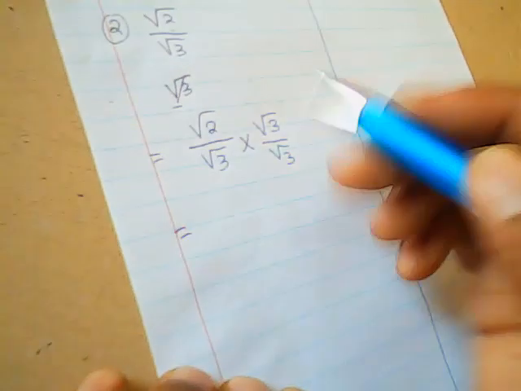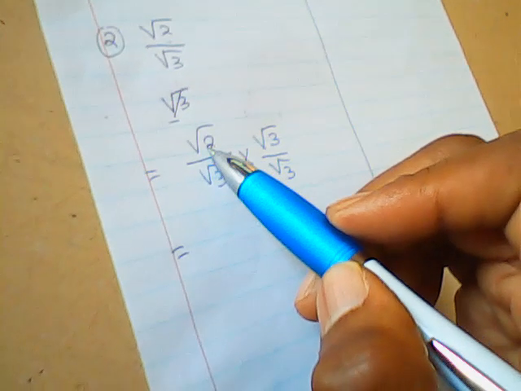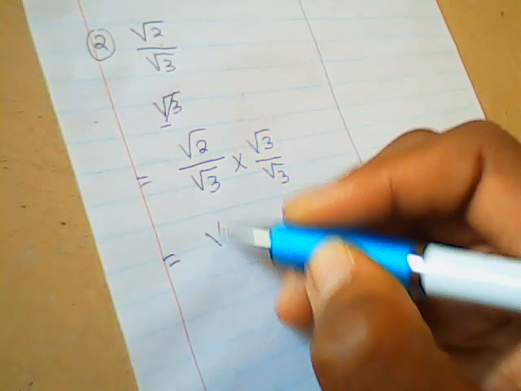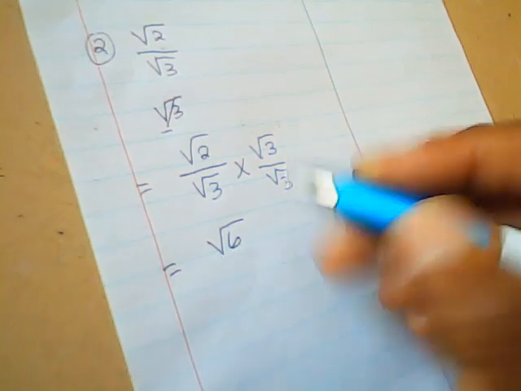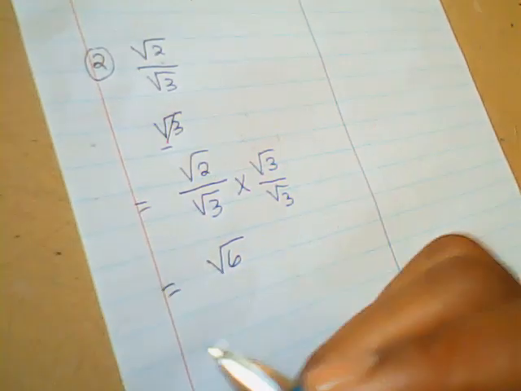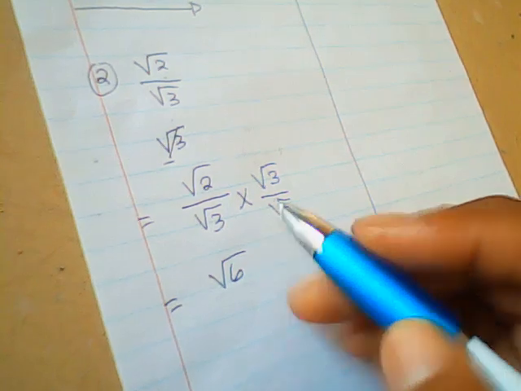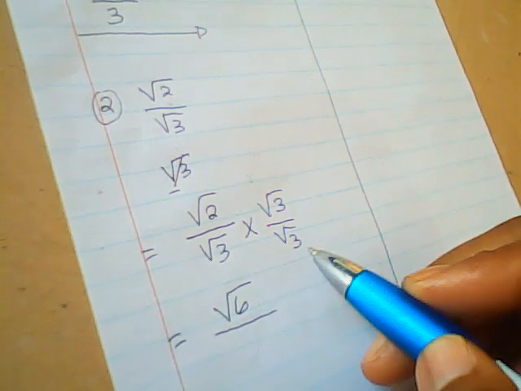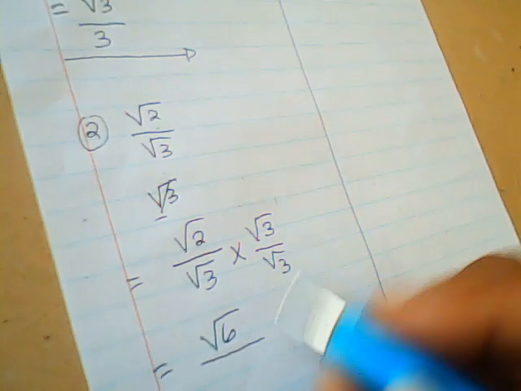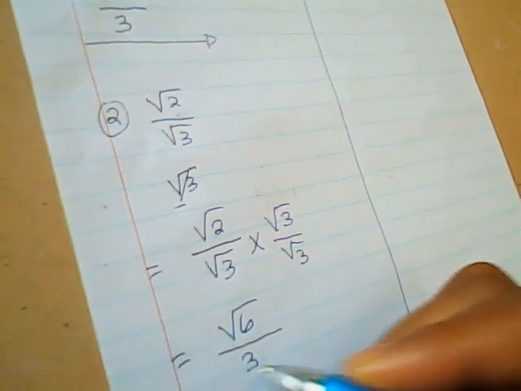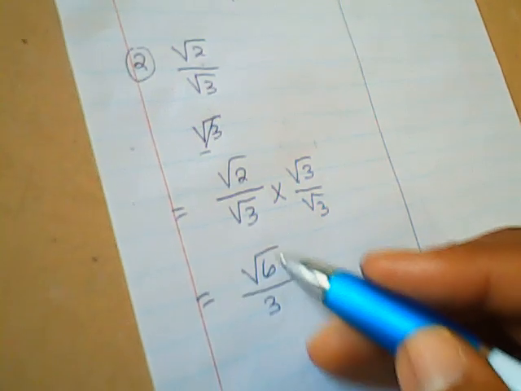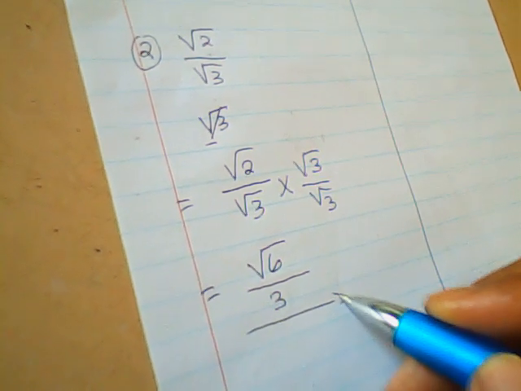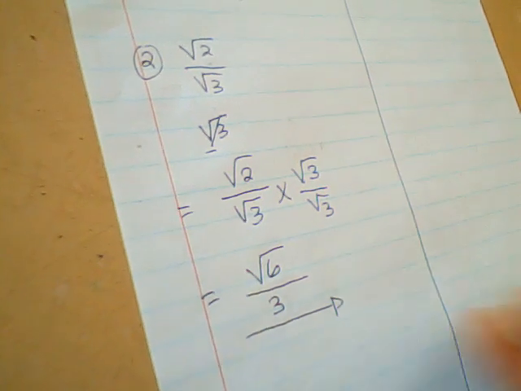Now, square root of 2 multiplied by square root of 3, we get square root of 6 because we just multiply the inside. Then now, this will be over the square root of 3 multiplied by square root of 3. The answer is 3. Then at this stage again, you can't go further. Your answer remains here, right?